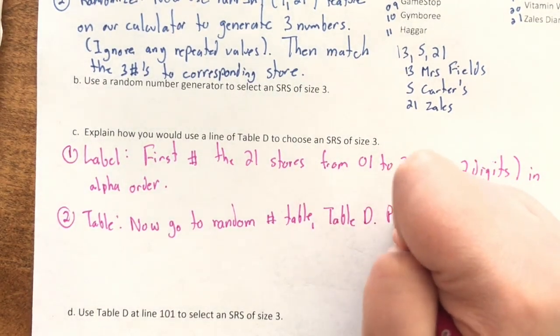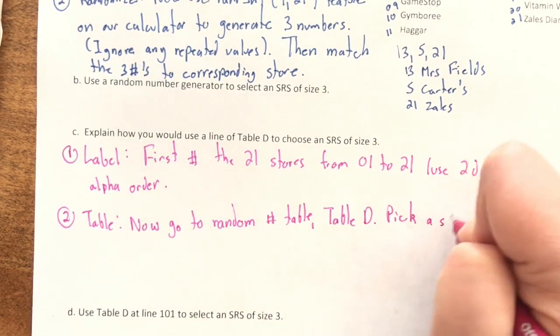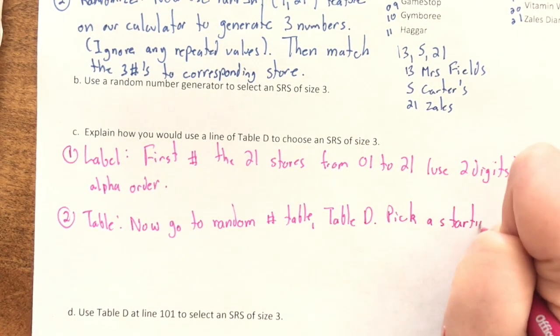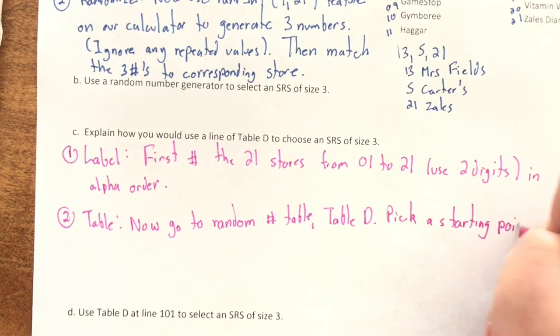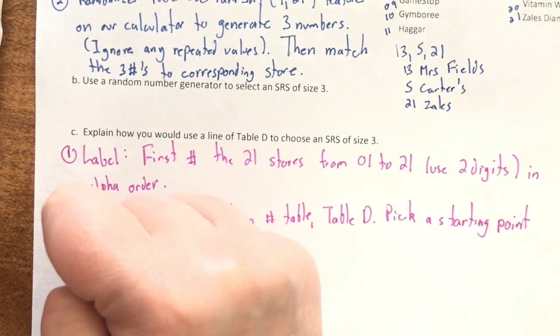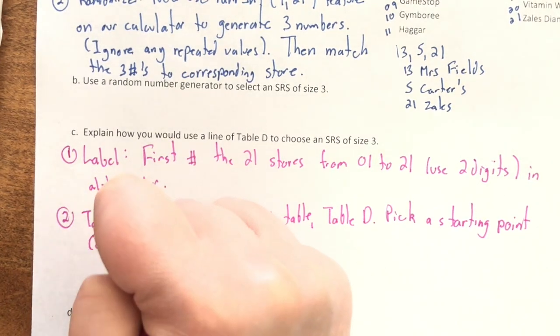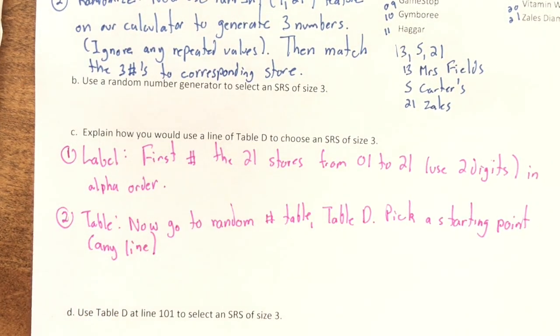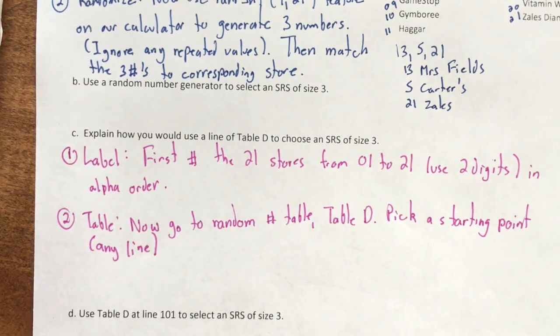You're going to pick a starting point. Your starting point can be any line. Okay, so you pick which line you're going to start from. Let's say in this case, we're going to choose to start at line 101.